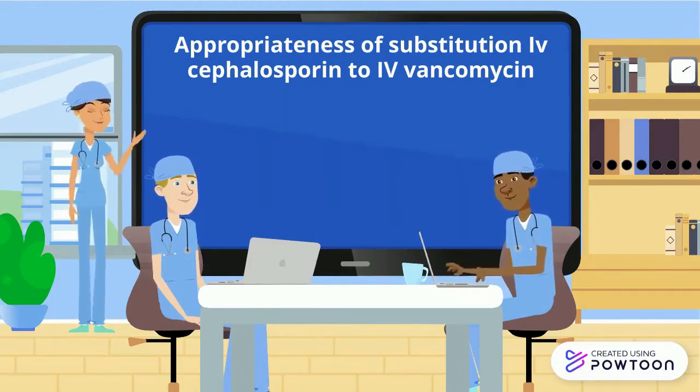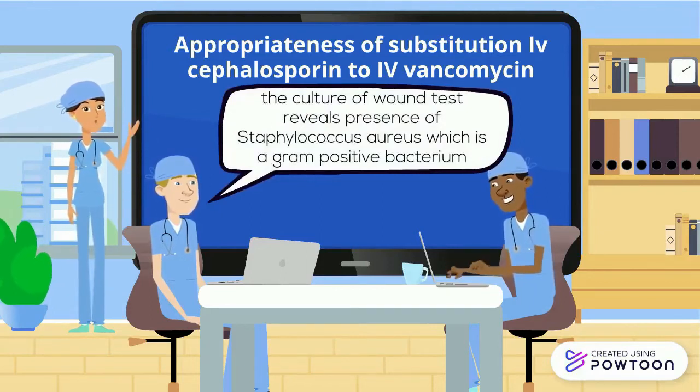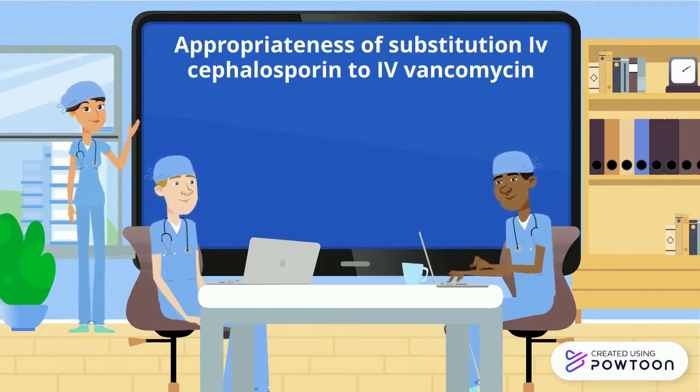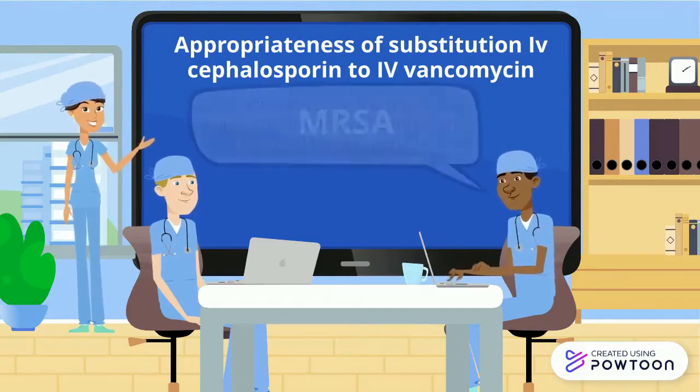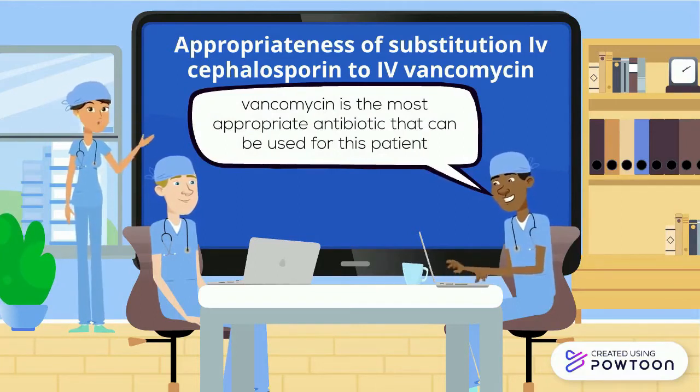Once the wound culture test revealed the presence of Staphylococcus aureus, which is a gram-positive bacterium, and the sensitivity test showed the bacteria in the patient to be resistant to penicillin and cephalosporin, or what we call MRSA, vancomycin is therefore the most appropriate antibiotic treatment for this patient.